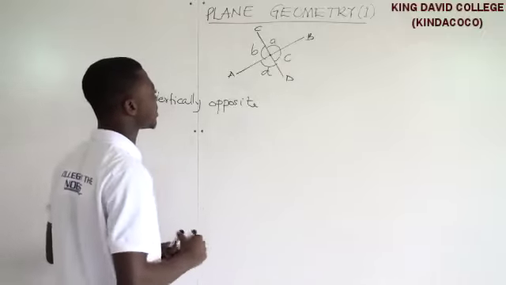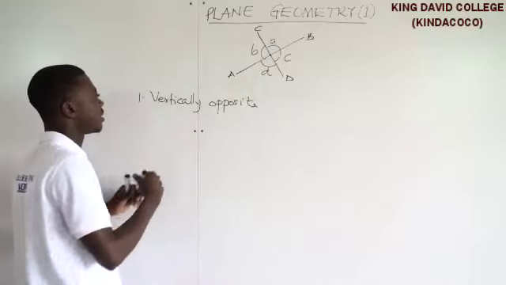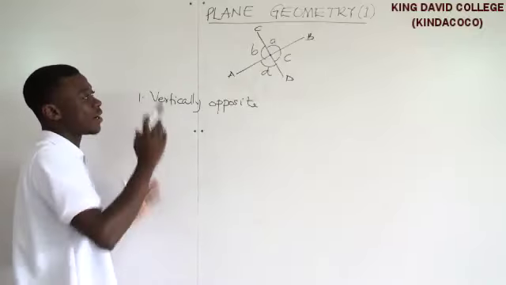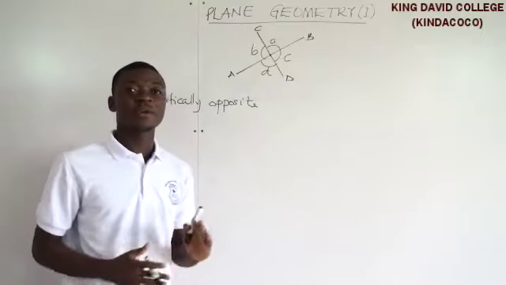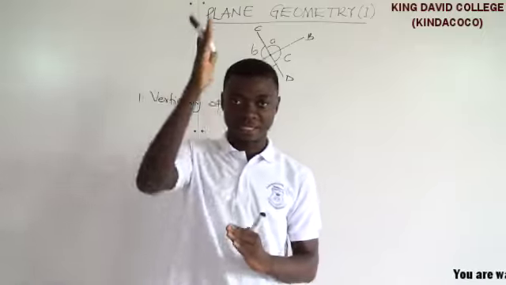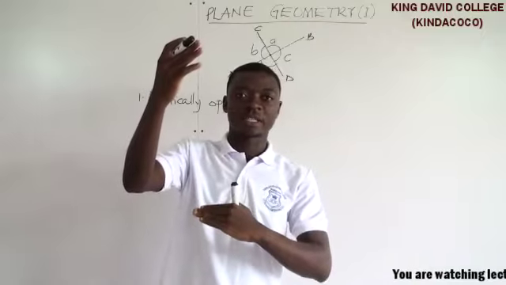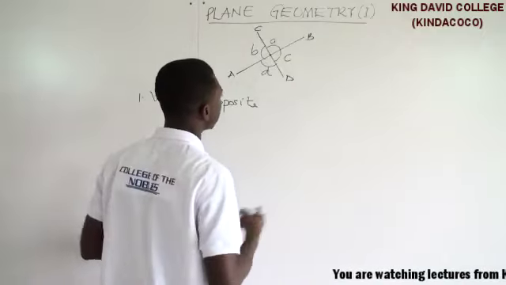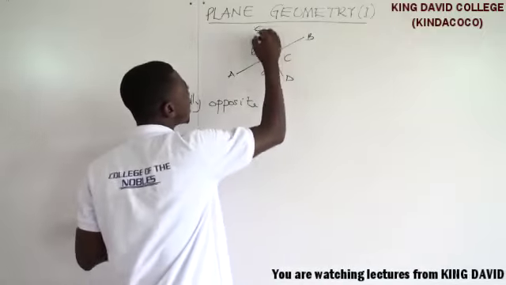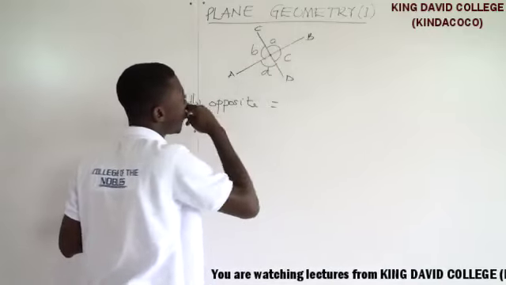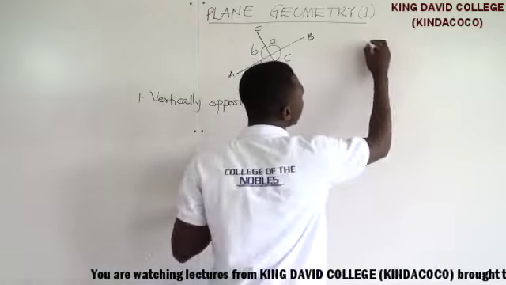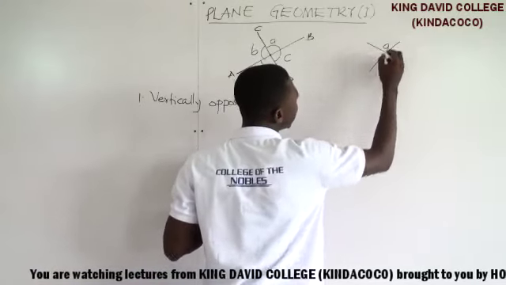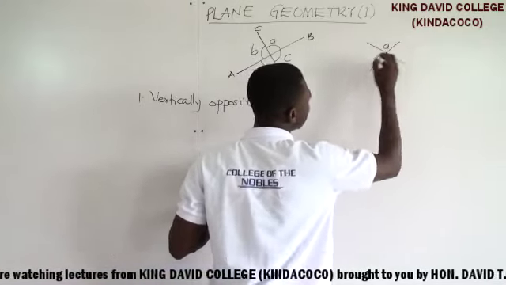The vertically opposite angles, per the name, are vertical and they are opposite. That means that when you draw a line, they should be in line, but opposite of each other. So for instance, the position of angle A, do you see? And then the position of angle D. If you look at them, angle A is here and then angle D is here.